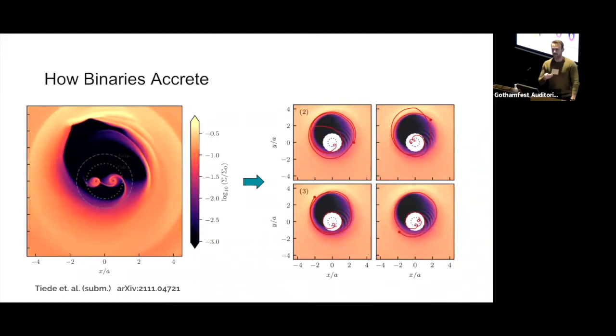And the actual process of mass transfer from the outer disk and the cavity onto the binary is not well understood. So in order to address this, I added tracer particles into our grid-based code that allow us to follow the histories of fluid elements as they move around in the disk.